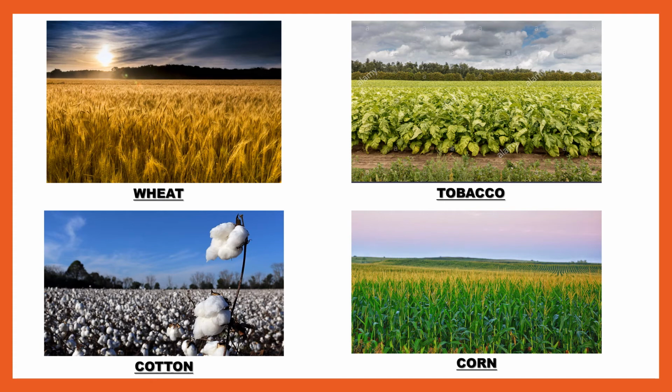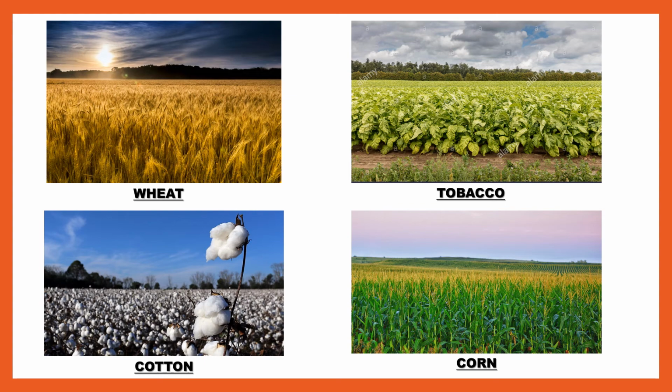Maize is popularly known as corn and it is grown extensively in the United States and Mexico. Most of the maize is used as a feed crop for feeding cattle and pigs. Cattle are basically domesticated animals like cows, bulls, oxen, etc. They are reared for meat.